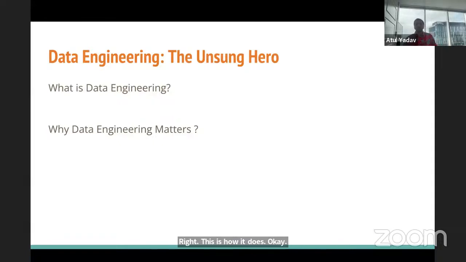Now we'll talk about the different steps in data engineering. One of these steps is data collection, where data engineers gather data from various sources.